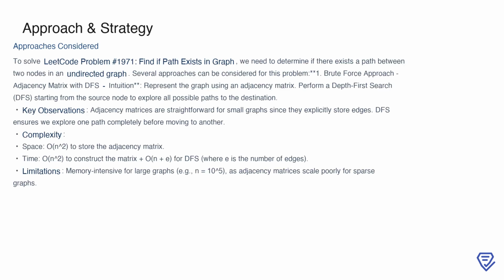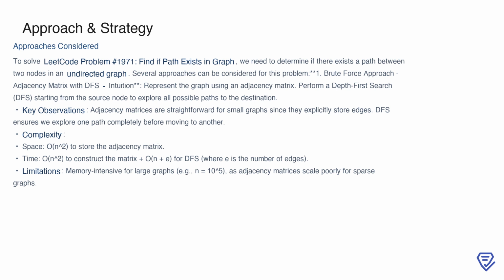To solve LeetCode problem number 1971, we are tasked with determining if there is a path between two nodes in an undirected graph. One of the approaches we can consider is using an adjacency matrix combined with depth-first search, or DFS. The intuition here is straightforward. The adjacency matrix explicitly represents all edges in the graph, and DFS explores one path fully before moving on to another.